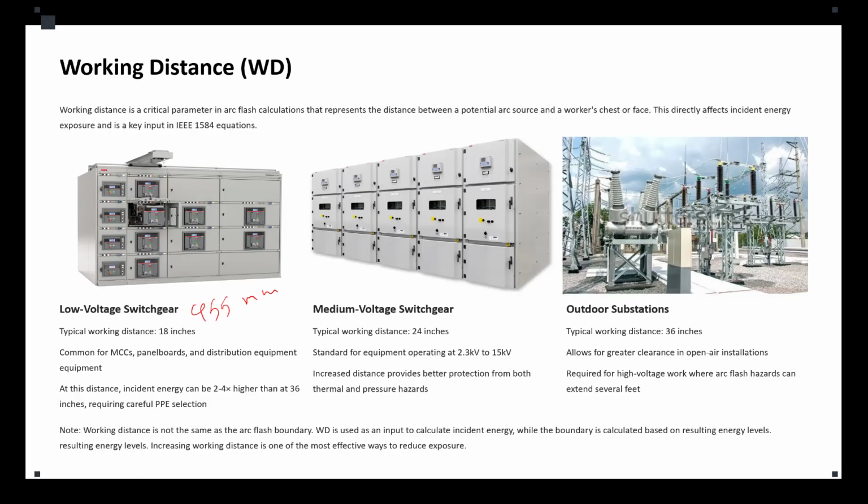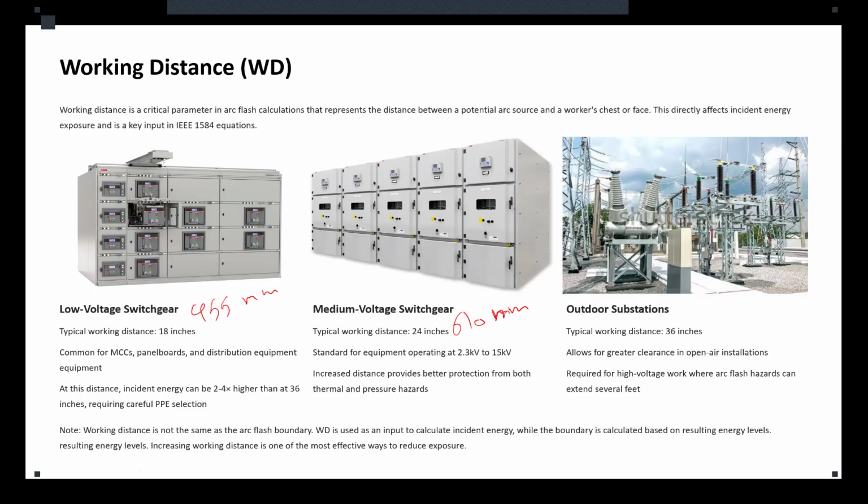Now, we have another category of equipment, which is the medium voltage switchgears, with 2.3 kilovolt to 15 kilovolt nominal voltage. The typical working distance on this equipment is 24 inches, which is about 610 millimeters.